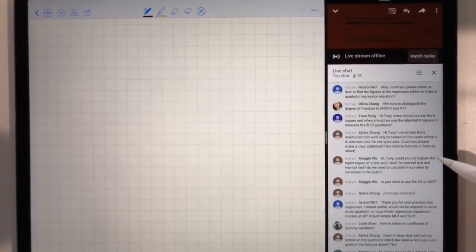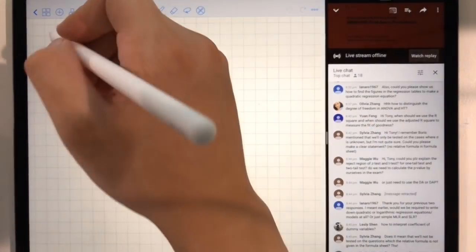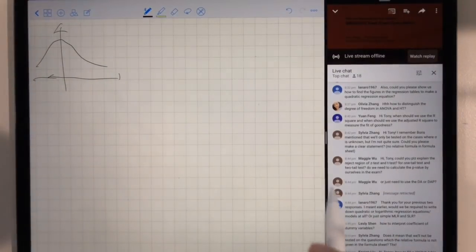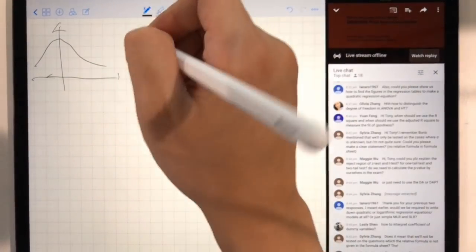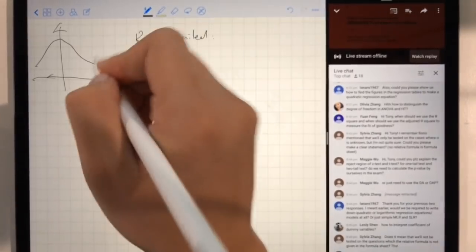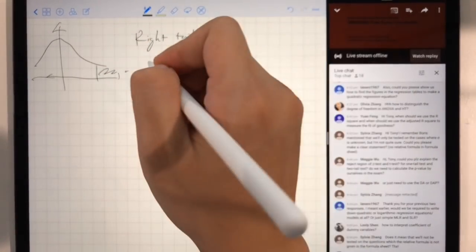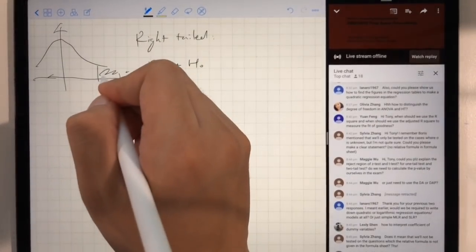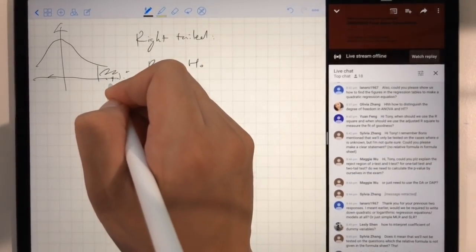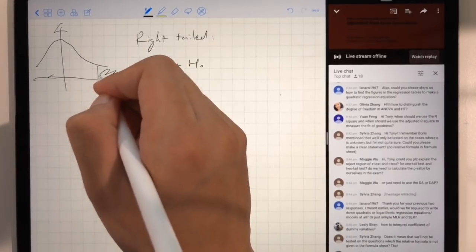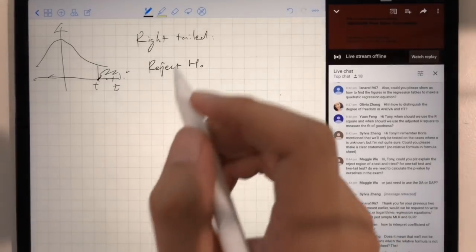Okay, now, Z test and T test, but no matter whether it is Z or T, it's symmetric, right? So if it is a right tail test, we will reject the null hypothesis when our observed value of the test statistic, either Z or T, I use T, exceeds the critical value, right?